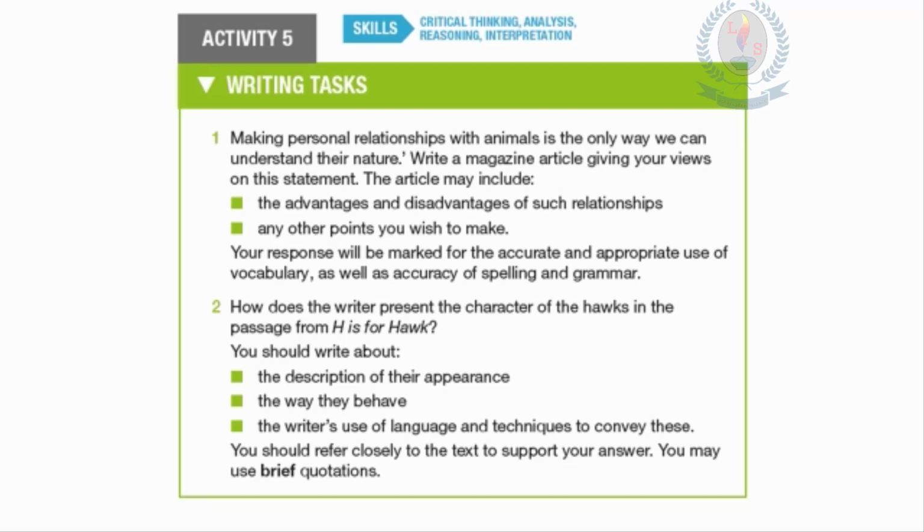When writing, you have to consider the format too. Writing task 1 is a magazine article, so you should write it with a heading, subheadings, bullet-pointed lists, and other layout features.